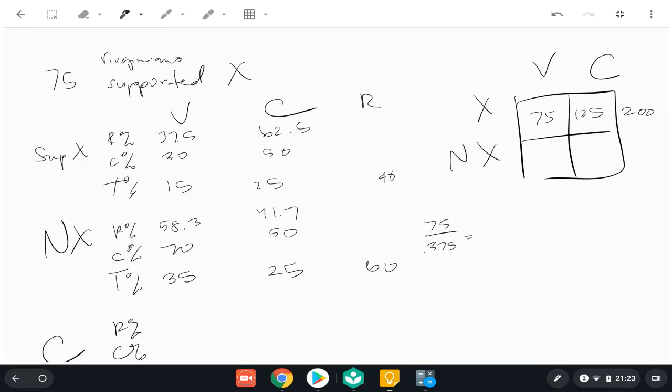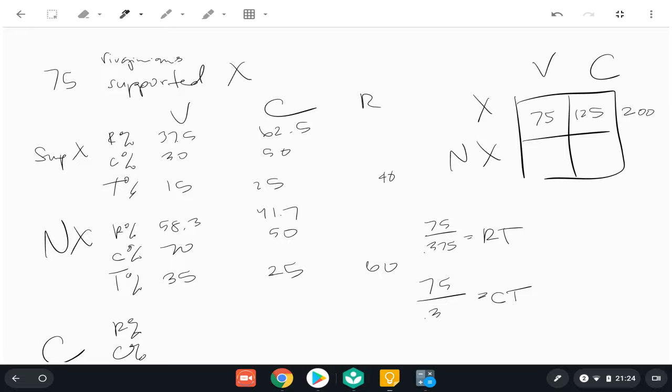Alright, so now I need to find out my column frequency. So we have, okay, oh, hold on, row total. 75 divided by 0.3 equals column total.